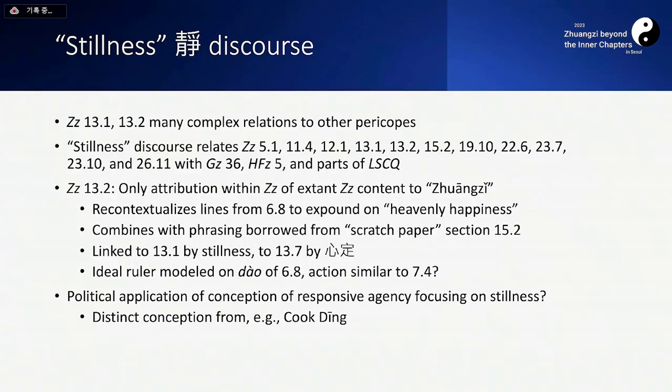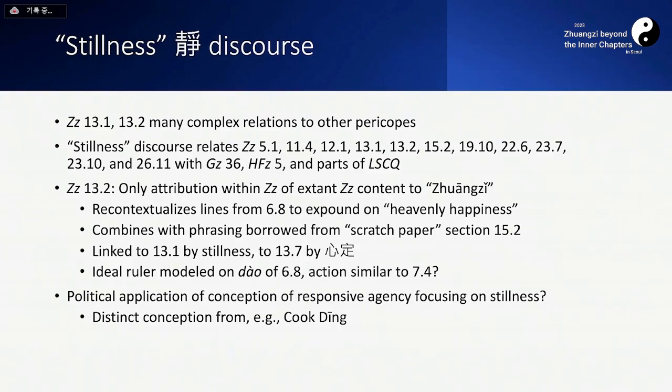It introduces a concept of heavenly happiness, which it then expounds through several reused bits of text that it borrows from section 6.8 of the inner Piān, and then ties the whole package back to the stillness motif of section 13.1.